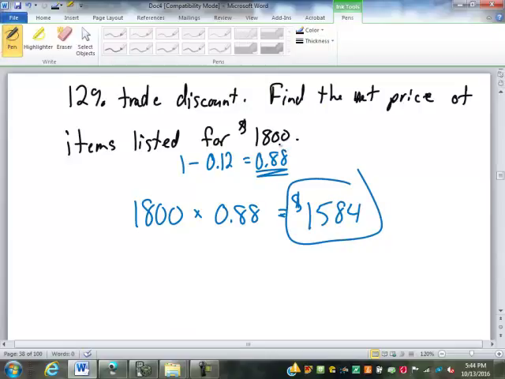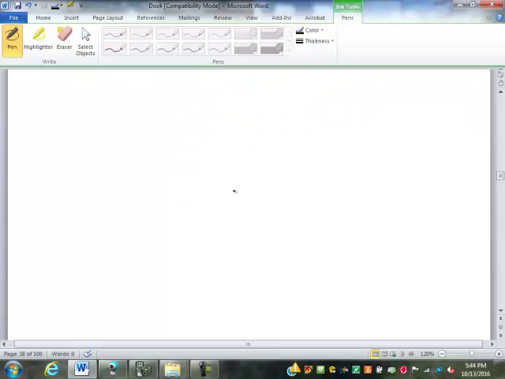Well, often you will get multiple trade discounts. So let's say we're dealing with a supplier who does sell direct to customers or will sell to retailers. So you receive an 8% discount for being a retailer.